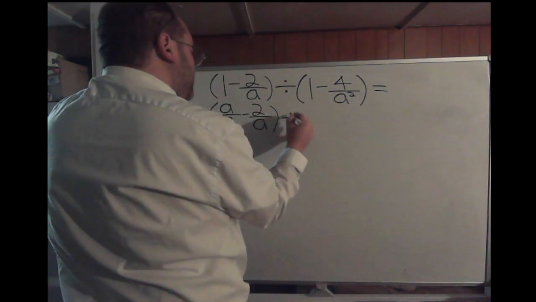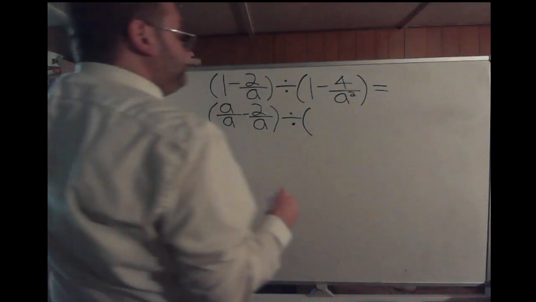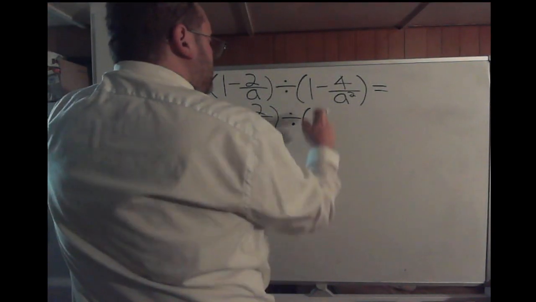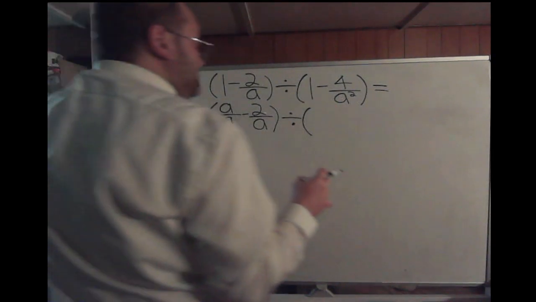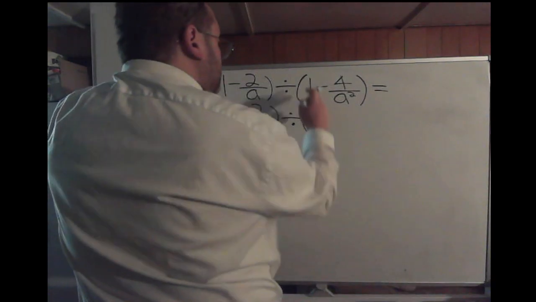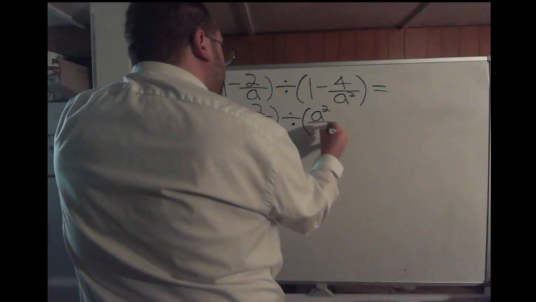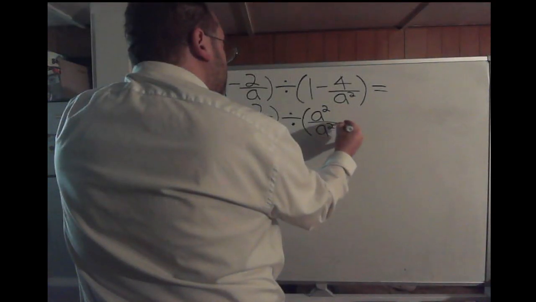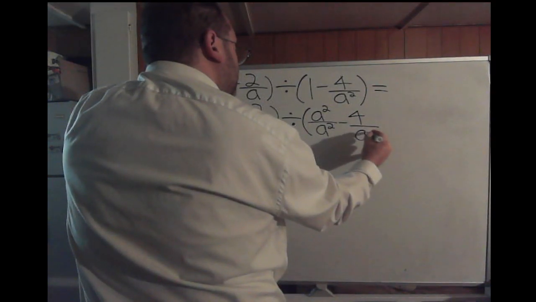That would be divided by, let's deal with your second one now. You have 1 minus 4 over a to the second, while your least common denominator would be a to the second. So for the 1, you would end up getting a to the second over a to the second. Then you have minus 4 all over a to the second.